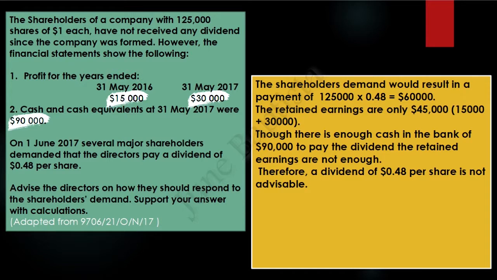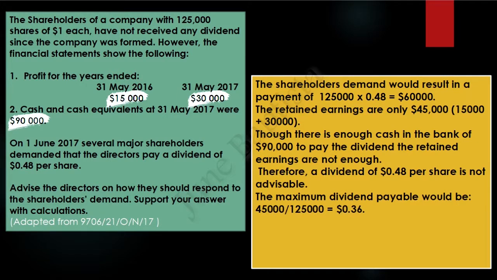Therefore, a dividend of 48 cents per share is not advisable. The maximum dividend payable would be 45,000 divided by 125,000, that's the number of shares, which is equal to 36 cents per share.